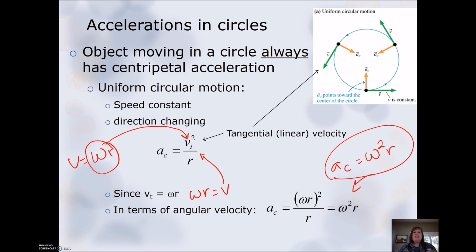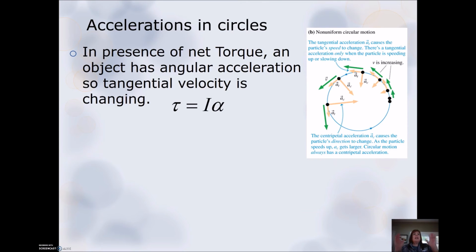Now, how is uniform circular motion and centripetal acceleration and angular acceleration related to each other? Like, what is going on? Well, if I have no net torque, and an object is rotating, it's going to rotate in uniform circular motion. So I'm going to have constant speed around my circle.